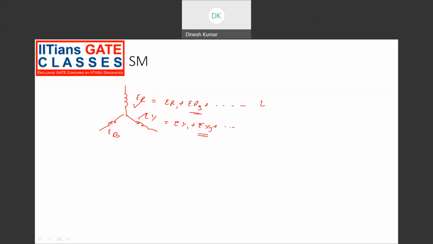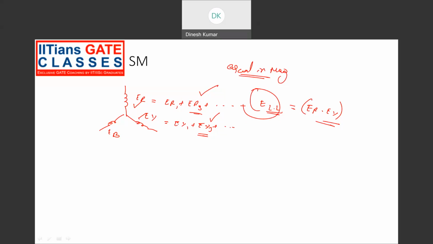If you take the line voltage, E line to line, which is the difference of phase voltages, let's say ER minus EY, these third harmonic components are equal in magnitude. They don't have any phase difference, so they will get cancelled out. Because of this, in the line to line voltage there won't be any triple n harmonics.